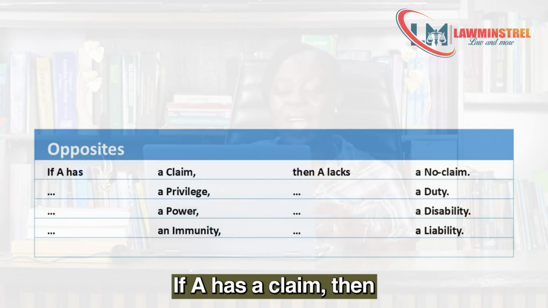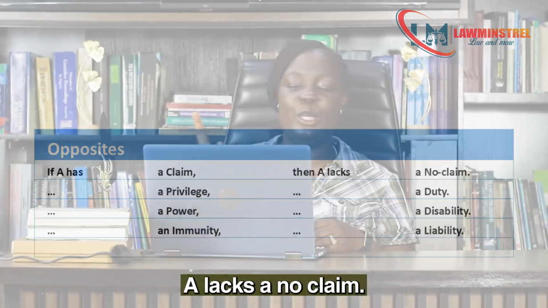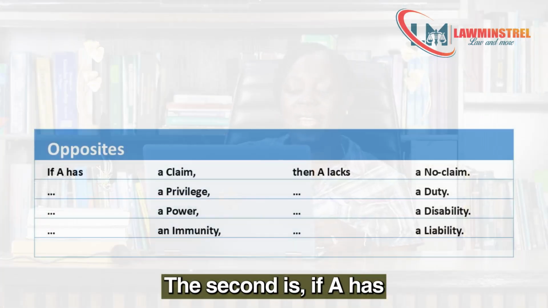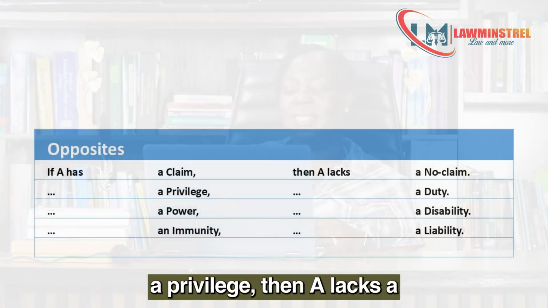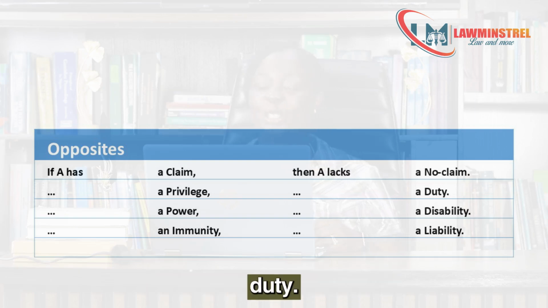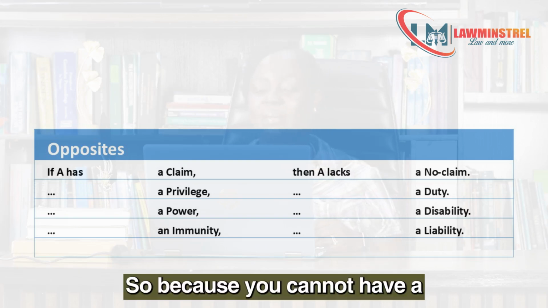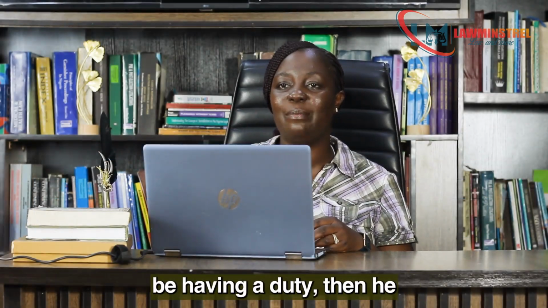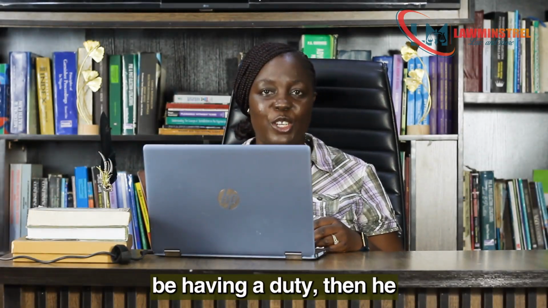If A has a claim, then A lacks a no claim. The second is, if A has a privilege, then A lacks a duty, because you cannot have a privilege and at the same time have a duty.